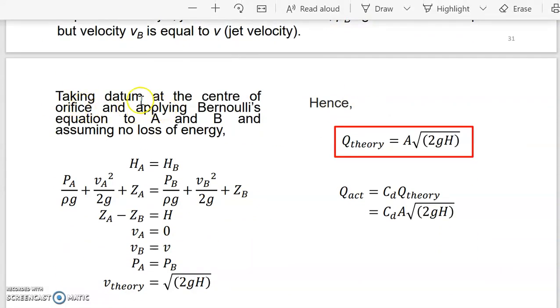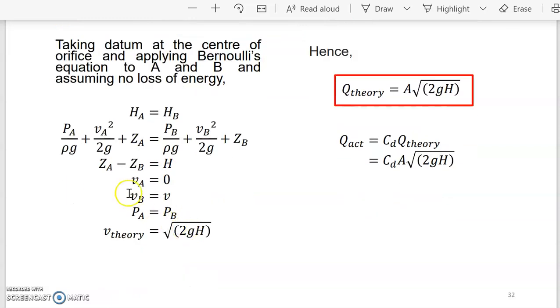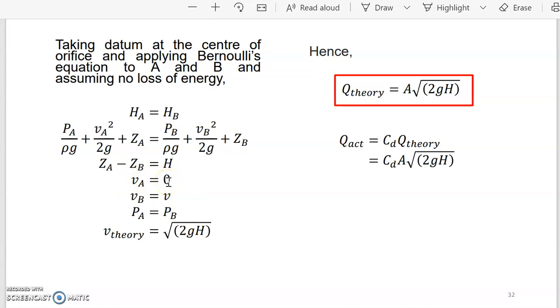So taking the datum at the center of the orifice and applying the Bernoulli equation to A and B, and assuming there is no loss of energy, by having the height of point A equal to the head at point B, we have ZA minus ZB is H. So we have the velocity at A, at the surface of the tank exposed to the atmosphere, is 0 because we assume that the flow is steady.